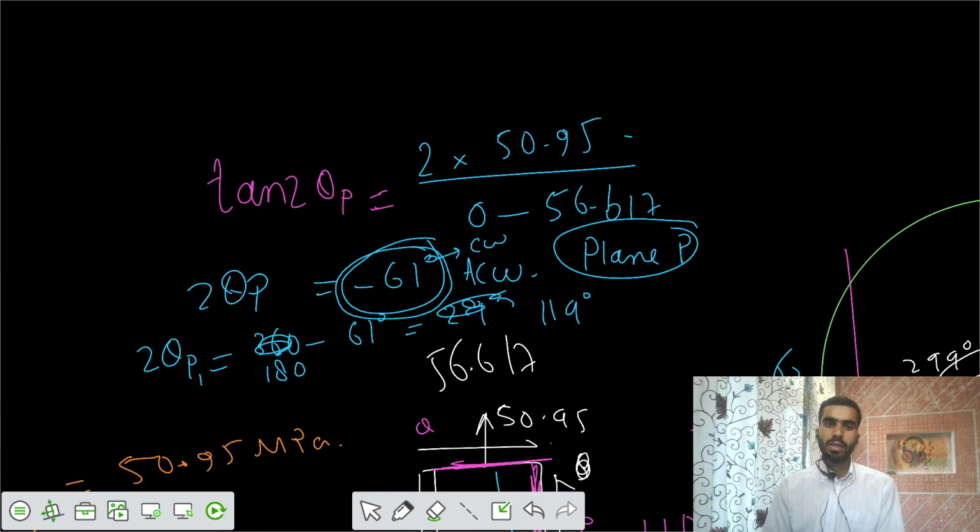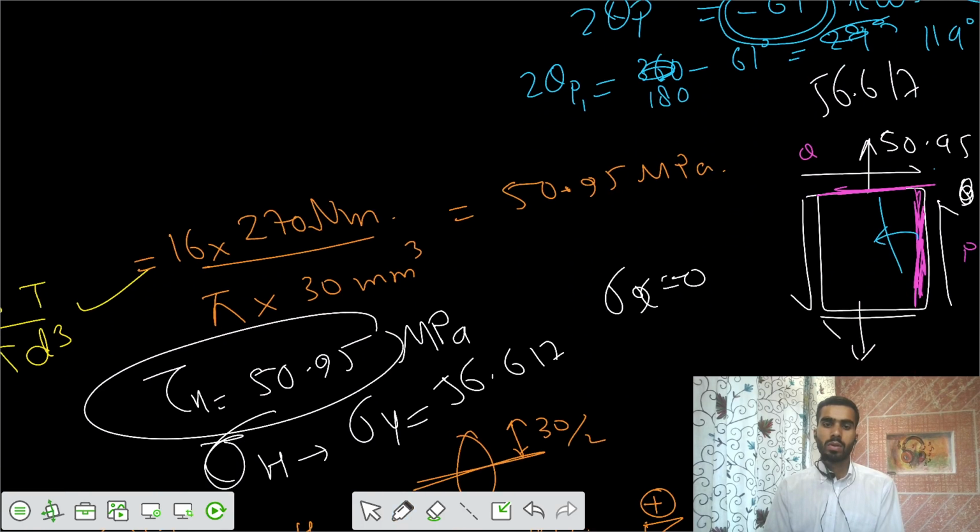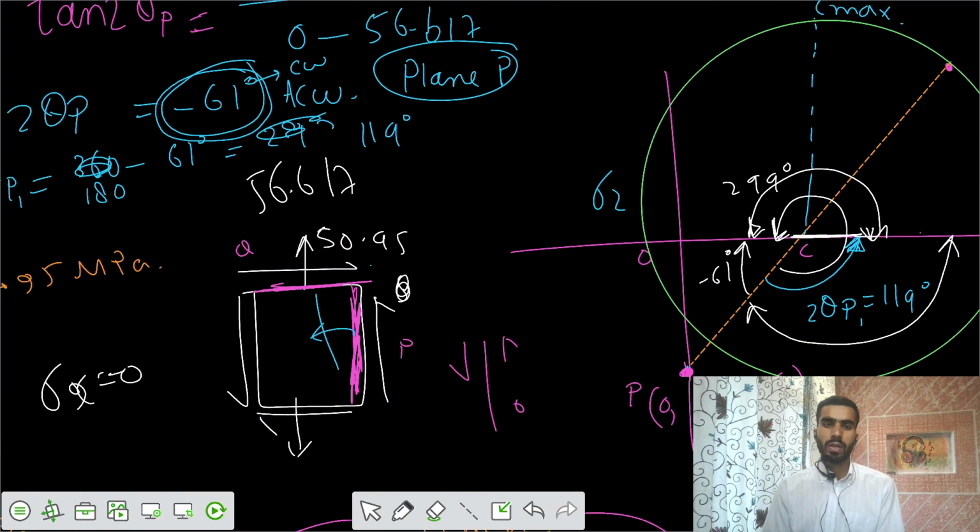So can you say what is the value of sigma 1 and sigma 2? So we can write the equation here.